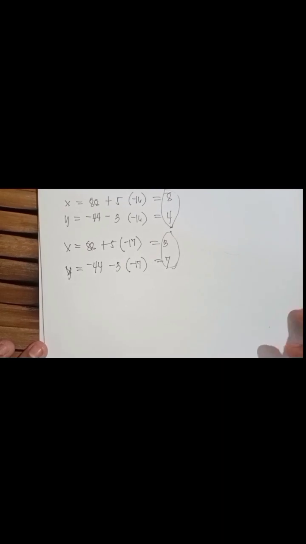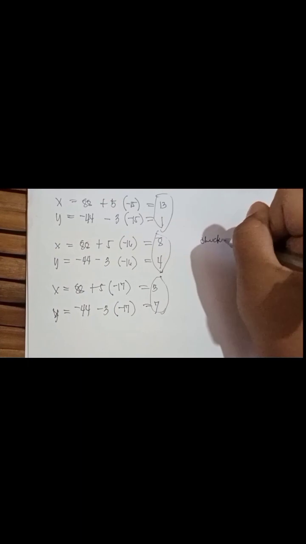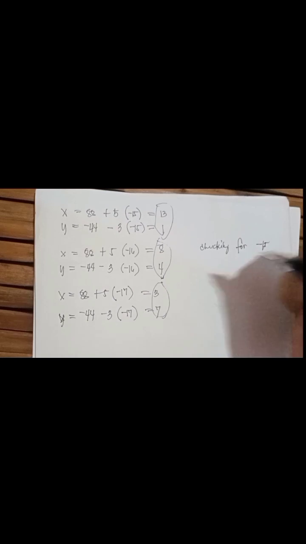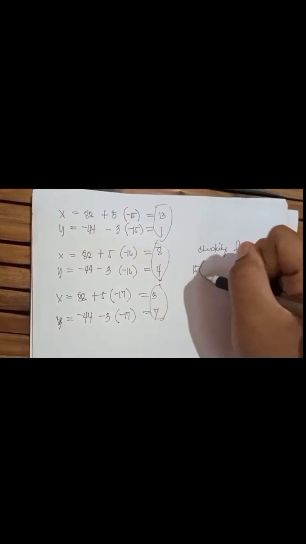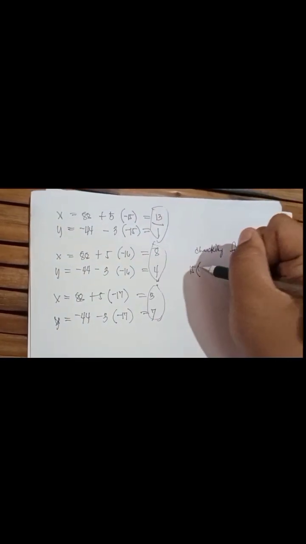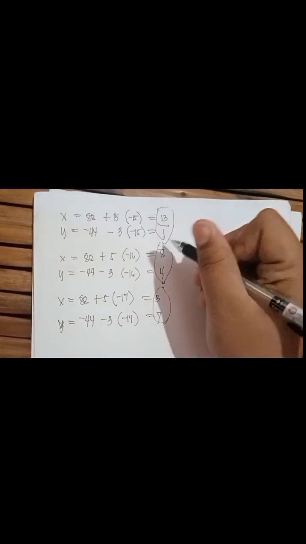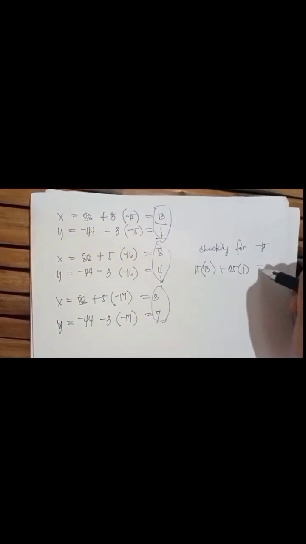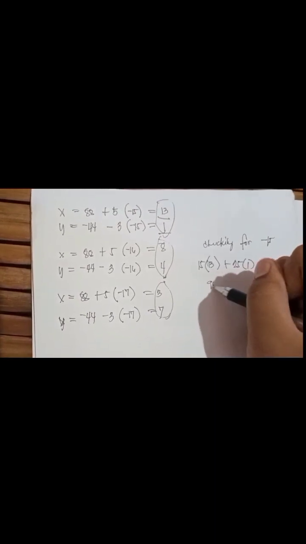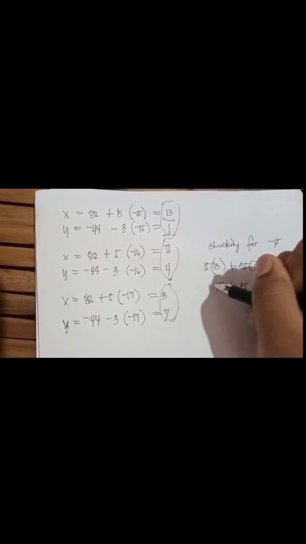Next, let's go to the checking. Checking for negative 15. 15 times 13, the value of x, plus 25 times 1, the value of y, is equal to 220. 15 times 13 is 195, plus 25 times 1 is 25.